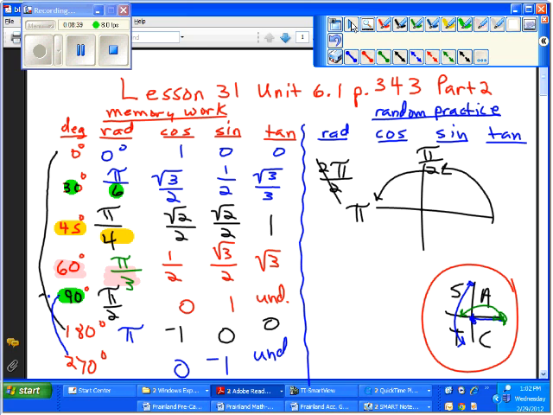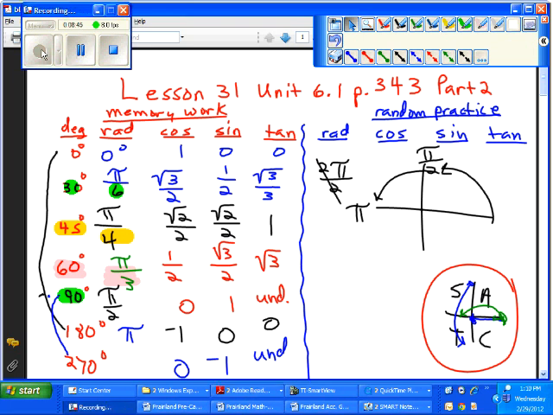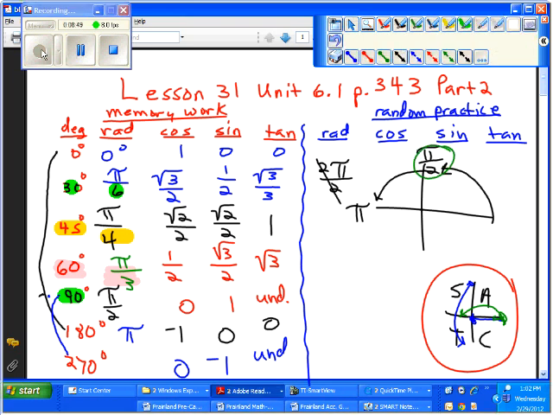So the 90 was pi over 2. 180 is 2 pi over 2, which is pi. And then if we go another one, that's 3 pi over 2 for 270. And if we went all the way over here, it would be 4 pi over 2. But that's 2 pi, which is a circle, right?